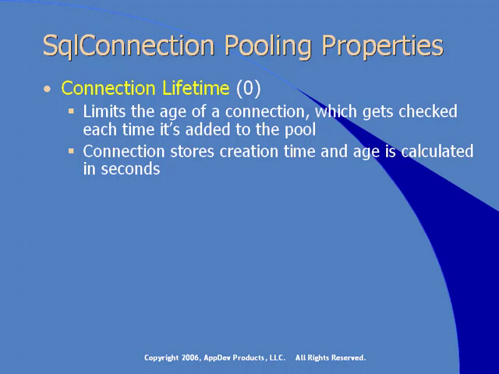So, for example, if we set a connection lifetime of 60, it would mean that if we tried to add a connection to a pool that had been created more than a minute ago, it would not get added to the pool. Only younger connections would be added to the pool. Now, the default setting of 0, that means we should never destroy it. In other words, it means don't turn down any connections based on their age. There may be other reasons because you hit the max size of the pool, but don't discriminate based on the age of the connection.